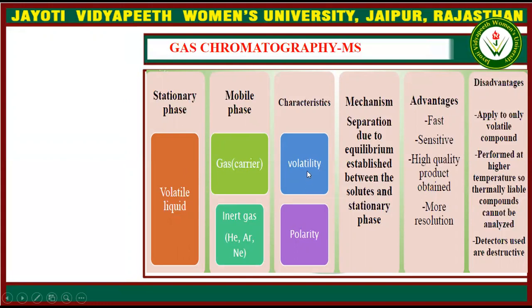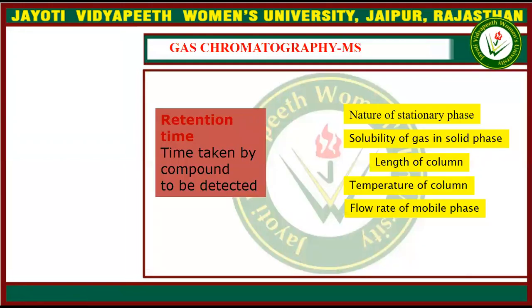The more volatile, evaporated compounds will be separated easily, and the separation is conducted on the basis of their retention time. Retention time is the time that the particles stay in the column. On the basis of this retention time, the particles will be separated.